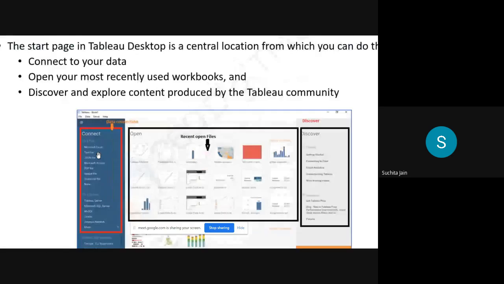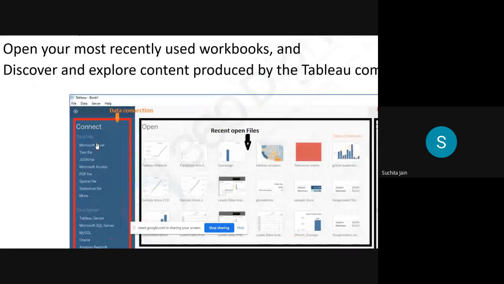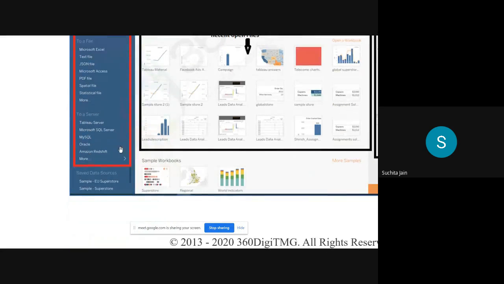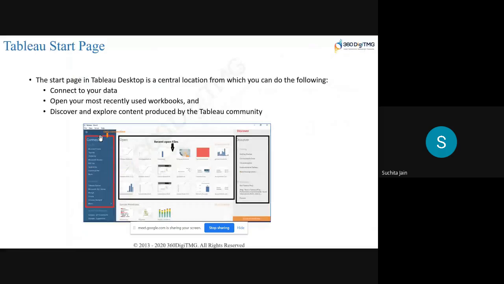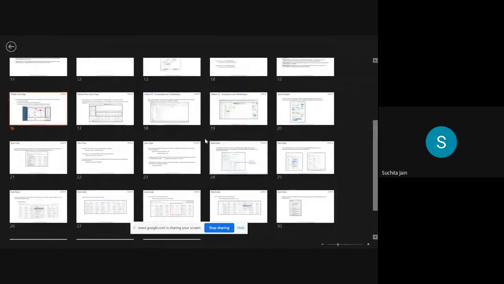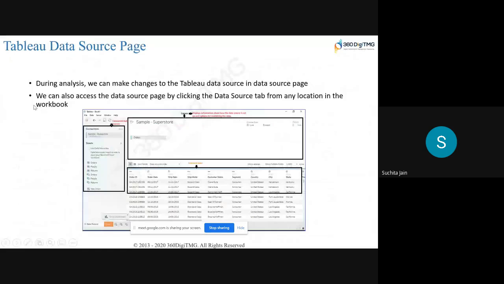Your data source could be an Excel sheet, a text file, a JSON file, Microsoft Excel, any of these, and you can directly connect Tableau to a server as well. Now, once you have done that, you enter the workbook.